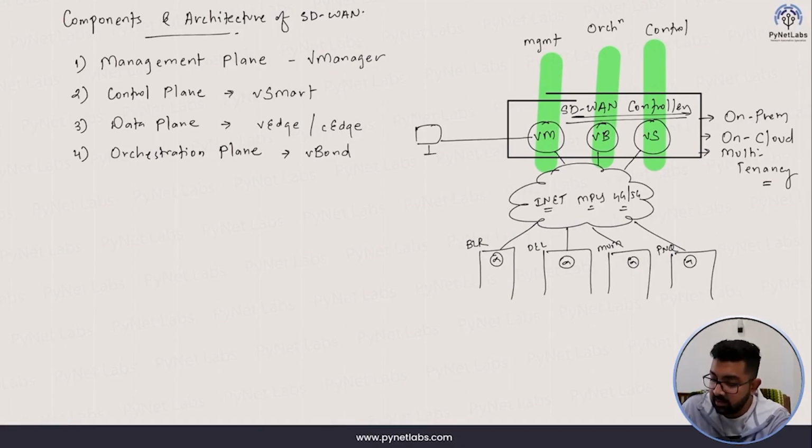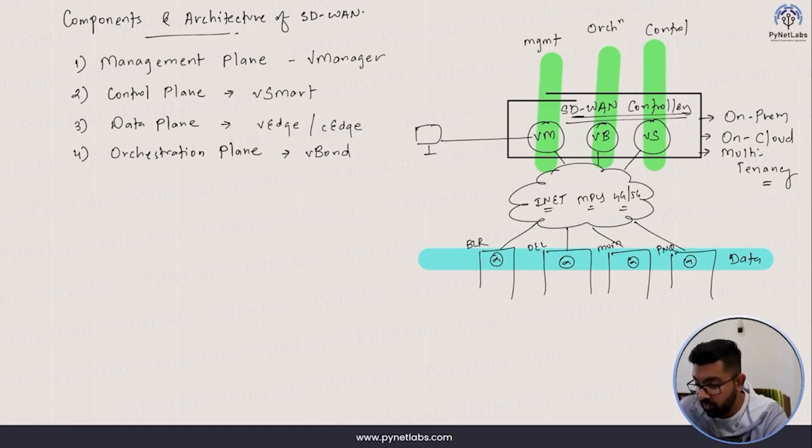After that, the WAN edges take care of the data plane, which means actually forwarding traffic from one point to another. That's how the entire infrastructure is built up.